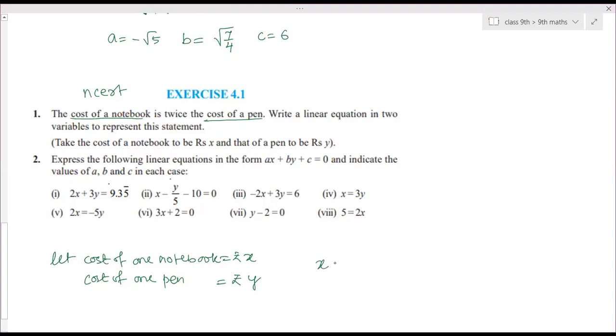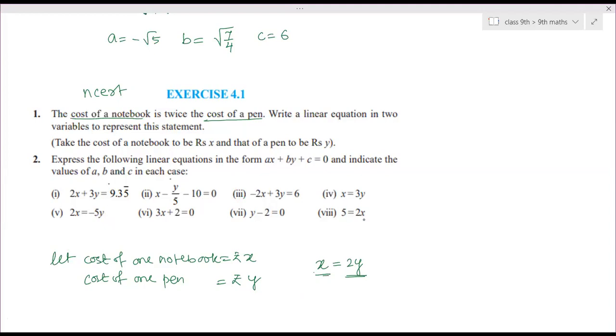The cost of pen is Y. So X, the cost of notebook, is 2 times the cost of pen. X is equal to 2y.